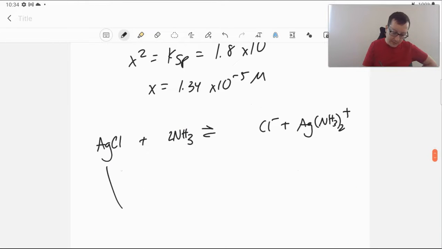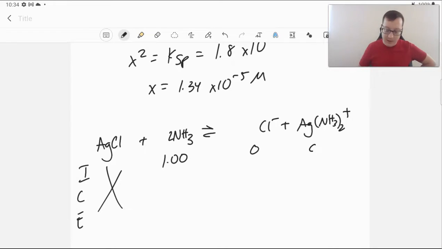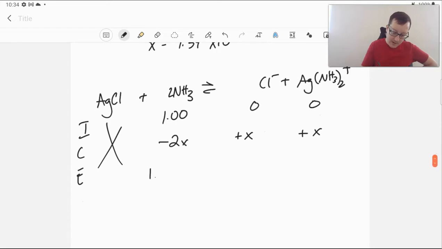Again, we don't need to worry about the solid. We have 1 molar ammonia here. We have presumably none of our original complexes, so we're going to subtract 2x here. We'll add x and add x. 1 minus 2x, x and x.